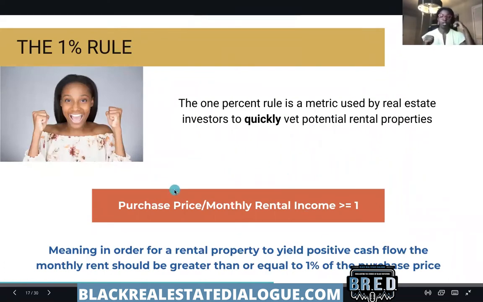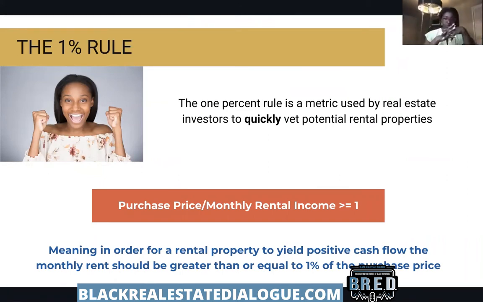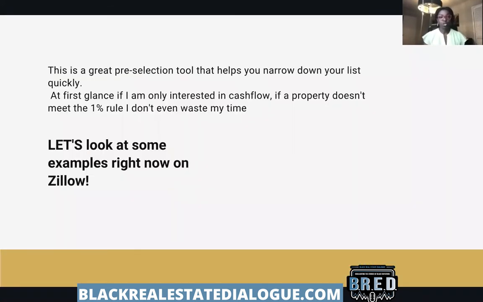So again, like I said, you take the purchase price and the rental income. So in order for a property to yield positive cash flow, the monthly rent should be equal or greater than the 1% of the price. That's what we just talked about. We looked at some examples on Zillow.